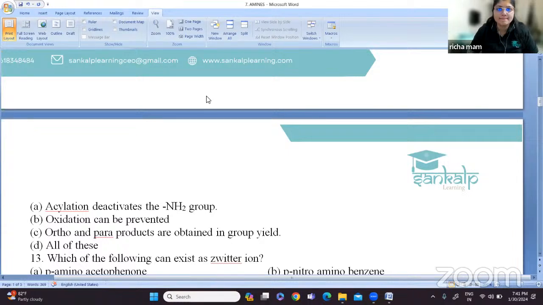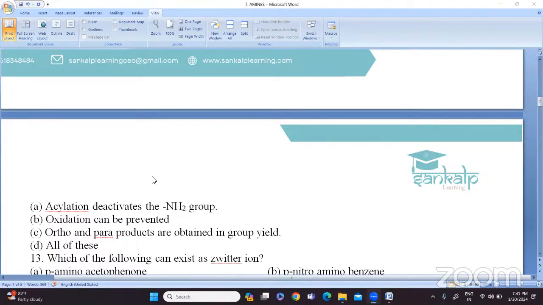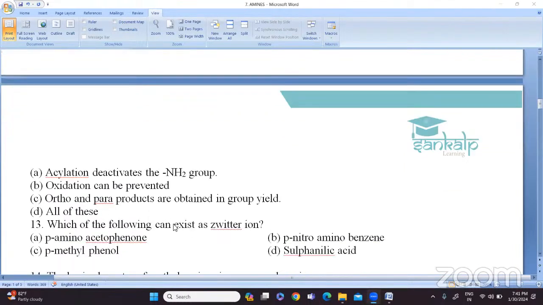What is the answer? A, acylation deactivates the NH2 group. B, oxidation can be prevented. C, ortho and para products are obtained in good yield. And D, all of these.